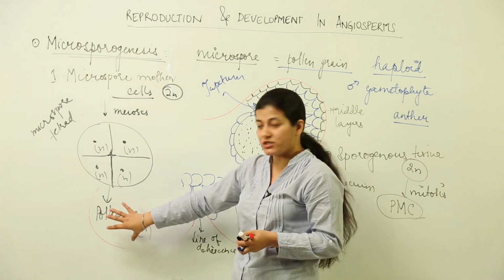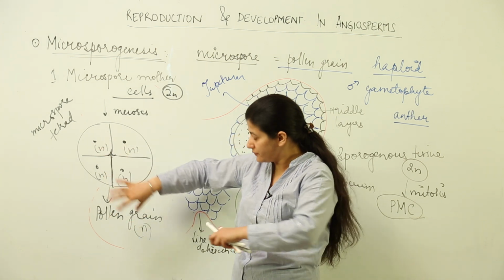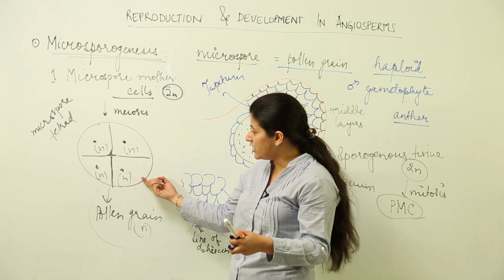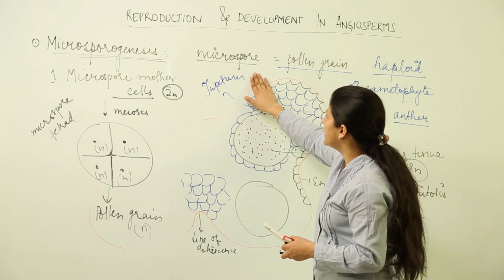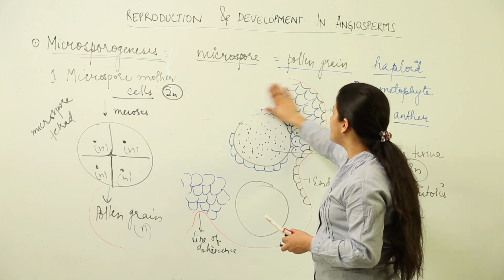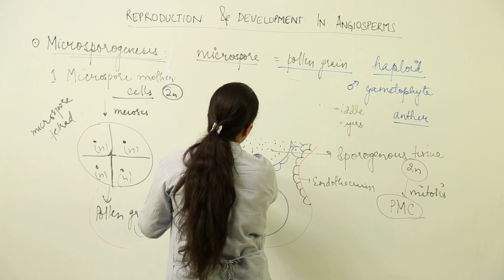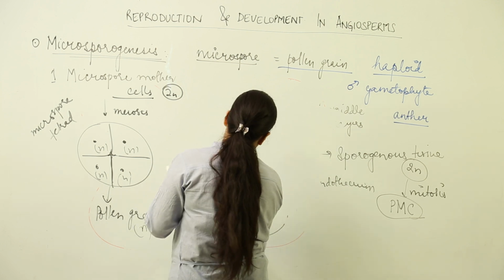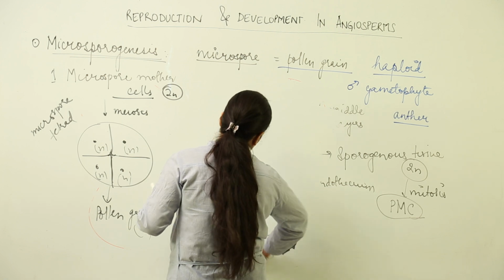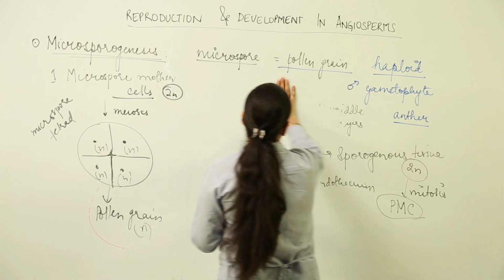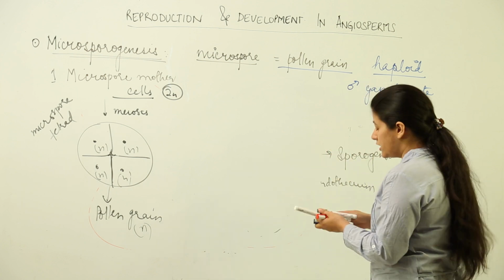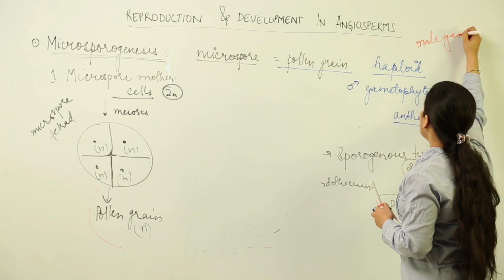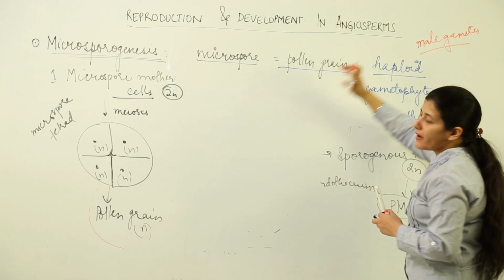Now what happens to this pollen grain? Soon this tetrad gets rid of whatever moisture is present and they separate individually. Each pollen grain now has to undergo further divisions, which would be mitotic in nature, and from here the story of gametophyte begins, and the gametophyte would give rise to the male gametes. Okay. Now we seek male gametes whenever we talk about microsporogenesis.